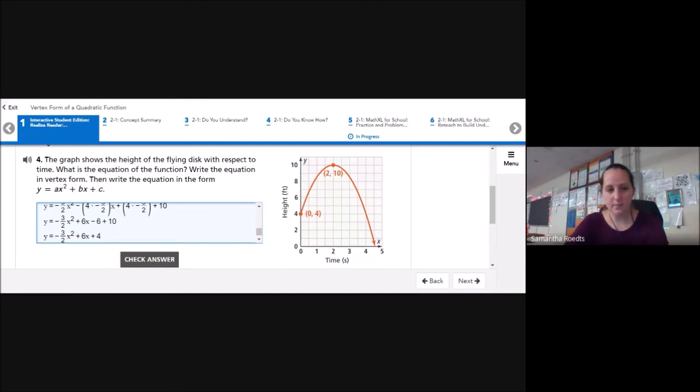So that is my standard form, negative 3/2 x squared plus 6x plus 4, and my vertex form was y equals negative 3/2 times (x minus 2) squared plus 10.